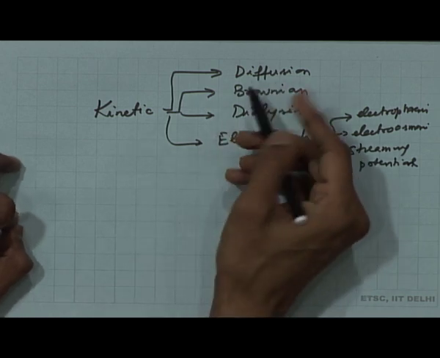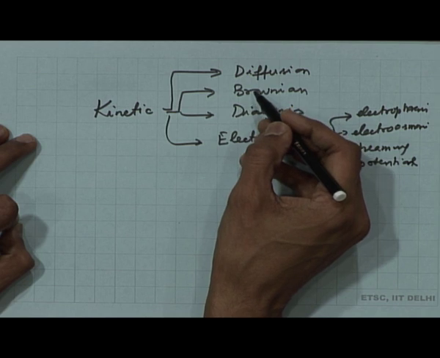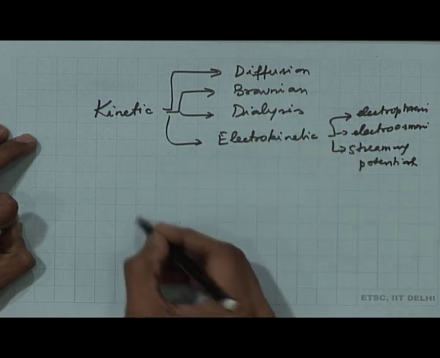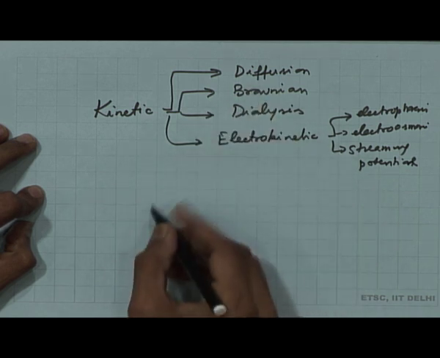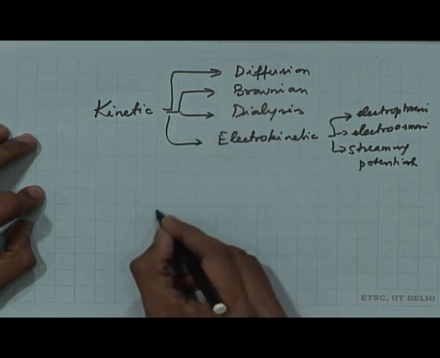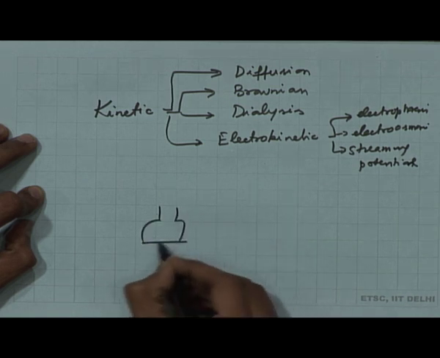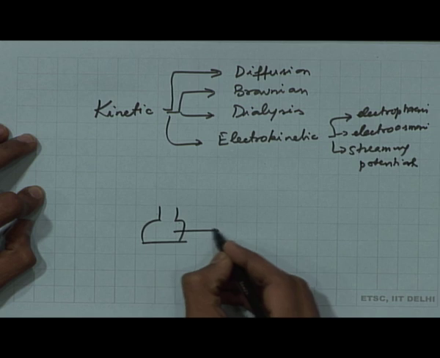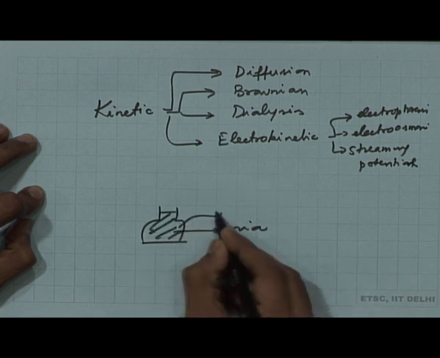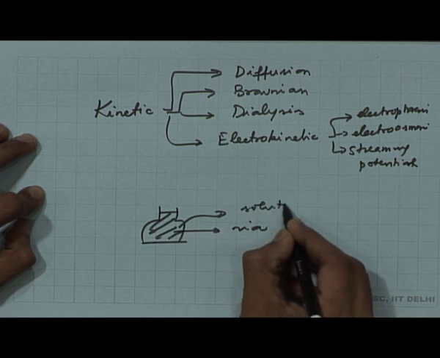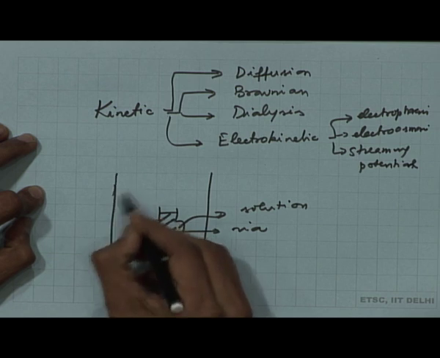So, let us look at diffusion, and again we will look at the experiment that Thomas Graham did. Graham did a very interesting experiment when he was looking at diffusion in liquids. What he did was he took a vial. This did not have parchment, by the way, this is just a vial, and he took a solution and he put this into a gel.